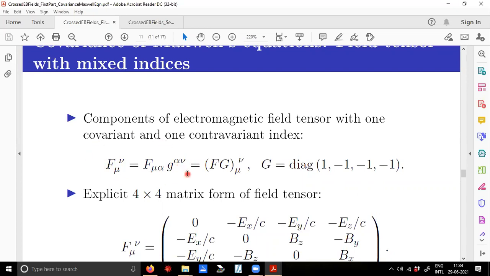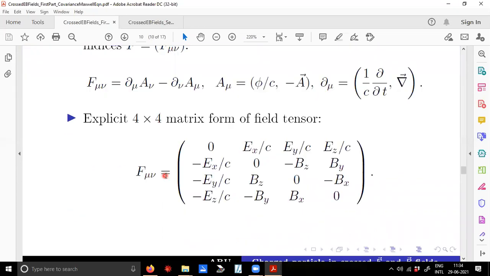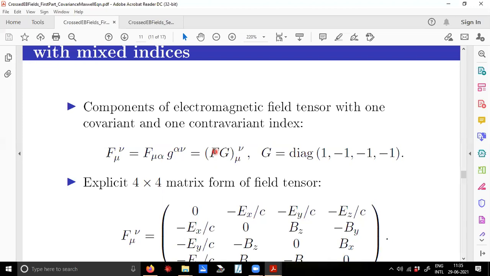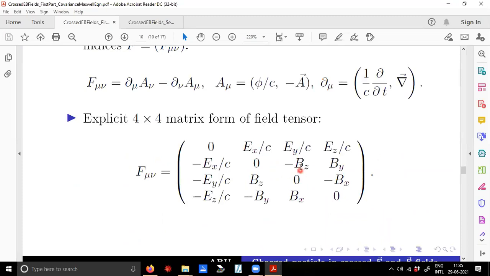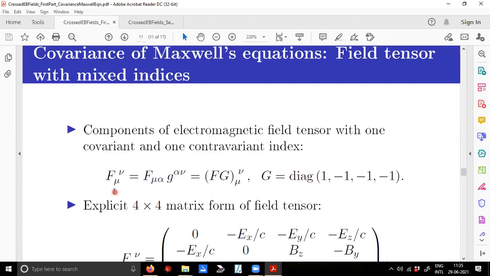This needs some practice to write it. But carrying out a calculation is much easier. It is to multiply your F written as a matrix here. This is the F mu nu matrix. That matrix, F mu nu, and G with mu first and nu later. That is the matrix multiplication. So multiply F into G. You get what is a mixed tensor, F mu nu.